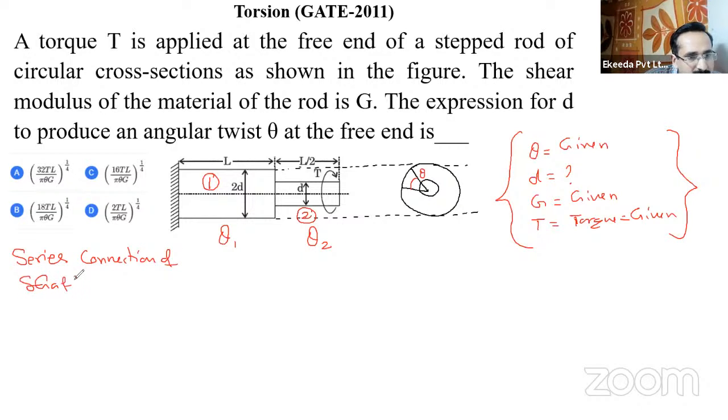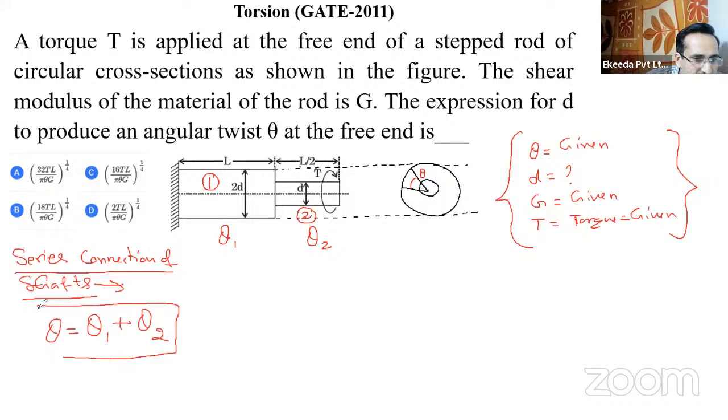In case of series connection of the shafts, the total angle of twist at the free end will be equal to the angle of twist in the first shaft plus the angle of twist of the second shaft, right? Because there is series connection, the angle of twist will be added up, isn't it?